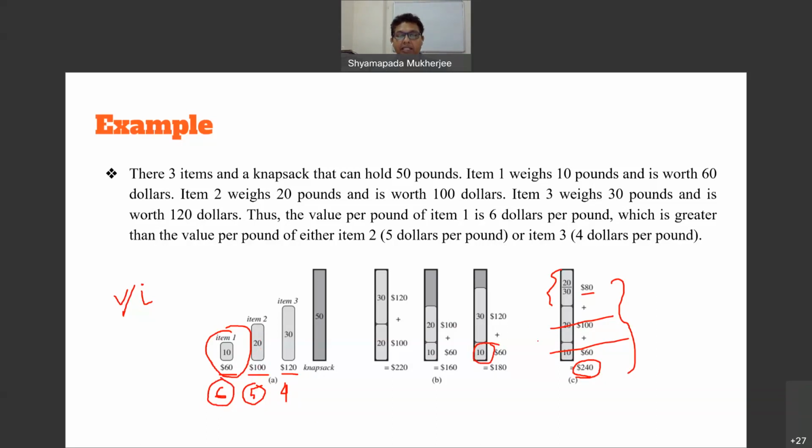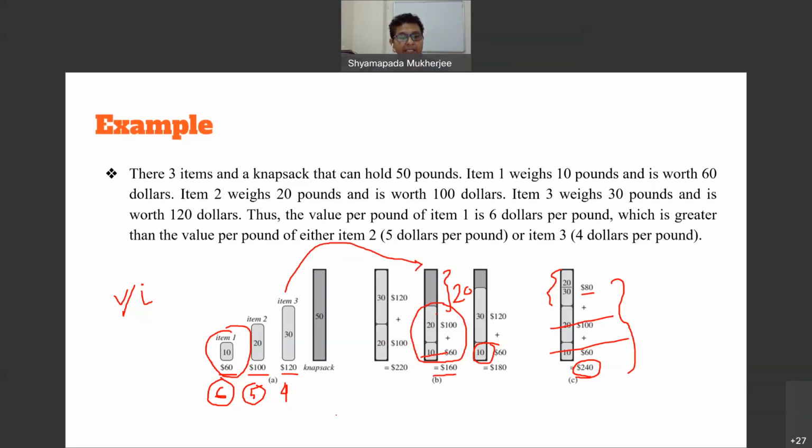Yes, it is available, so we take 20. Now we are left with 20 only, and in this empty capacity we cannot take the last item. So the total we get is 160, but this is not the optimal one.